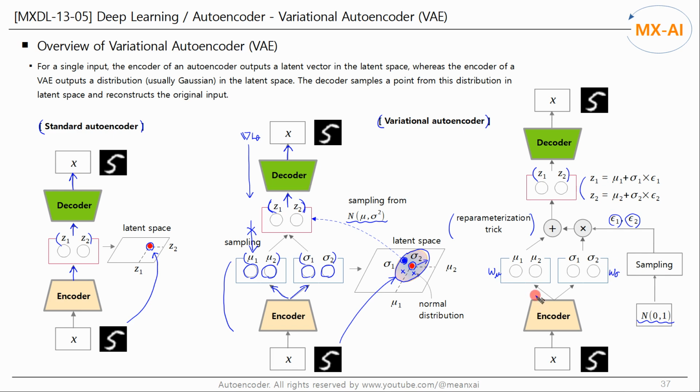And the input to this layer is U, and the input to this layer is V. Then this formula can be written as follows. Now that the latent vector Z is represented as parameters of the network, the gradient of the loss L with respect to the parameters can be propagated to the lower layers.